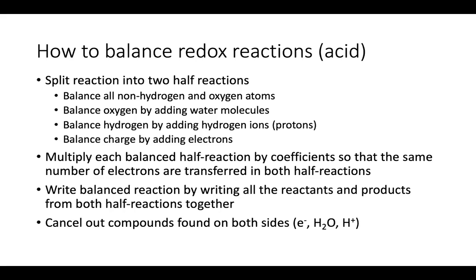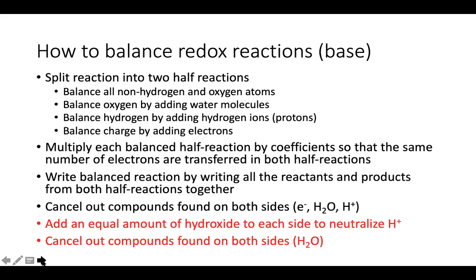So if you have 2 water molecules on the reactant side and only 1 on the product side, you cancel them out, and you would have remaining just a single molecule of water on the reactant side. Again, we'll get into an example, and I really broke down the first one kind of slowly to exemplify these steps.